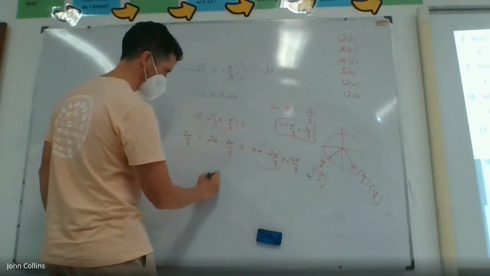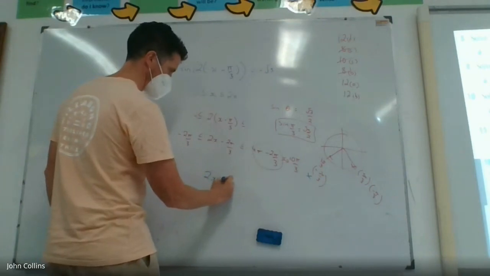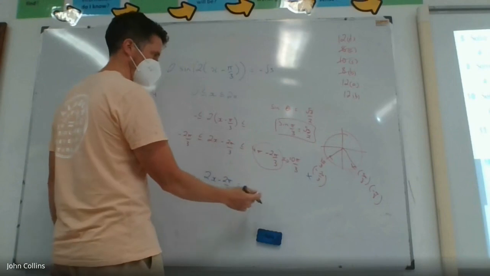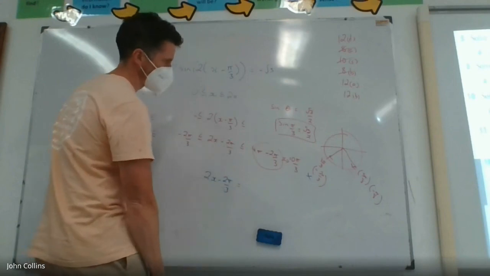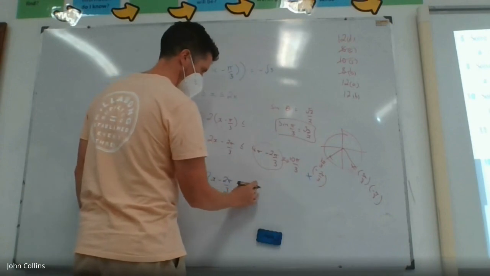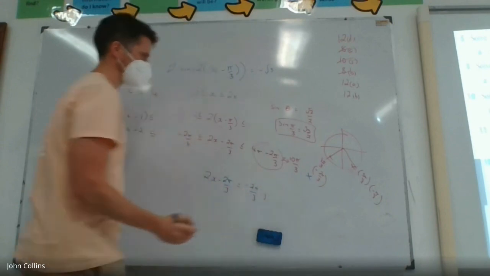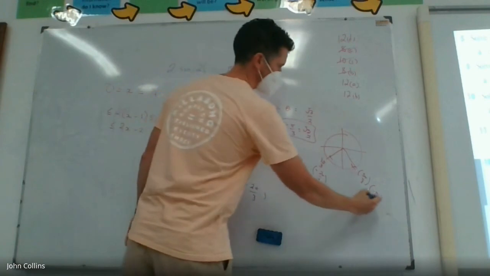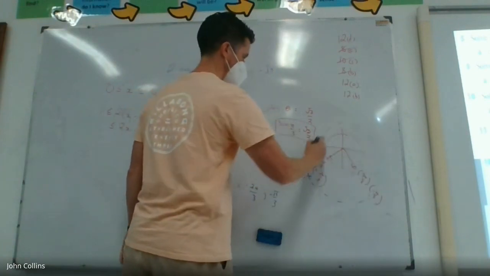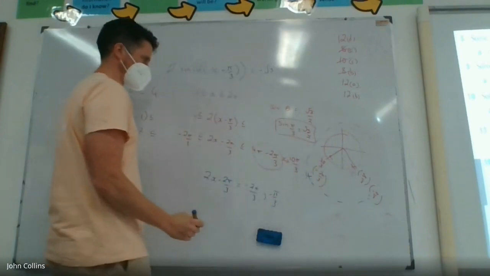So I'll say that 2x minus 2 pi over 3, this angle, is equal to minus 2 pi over 3 anyway. First one. Next time it hits, we're going this way, minus pi over 3. Next time it hits is going to come around again, is 4 pi over 3.